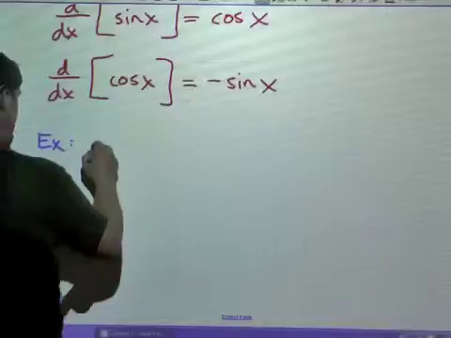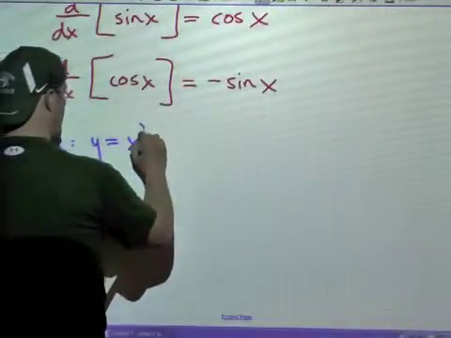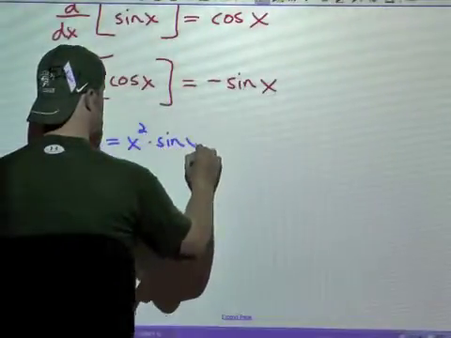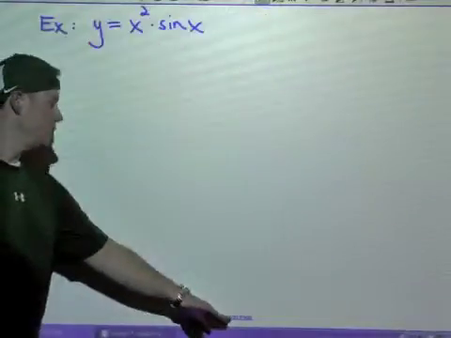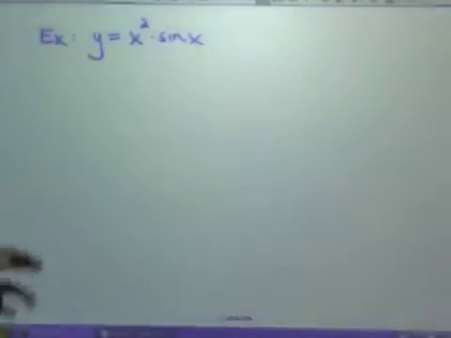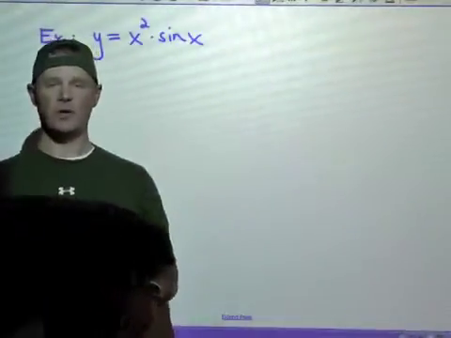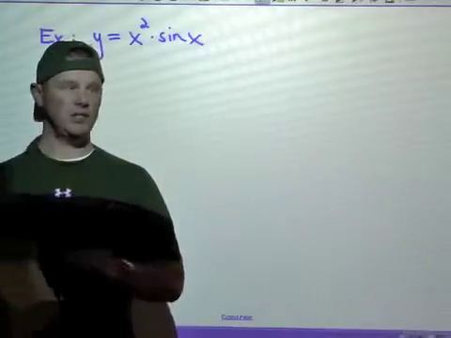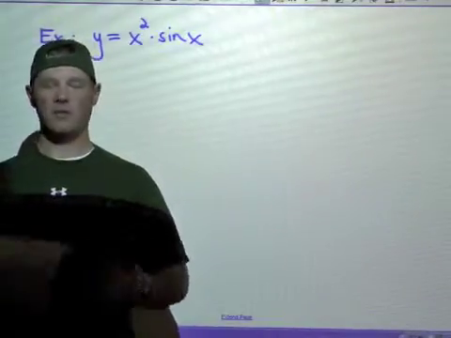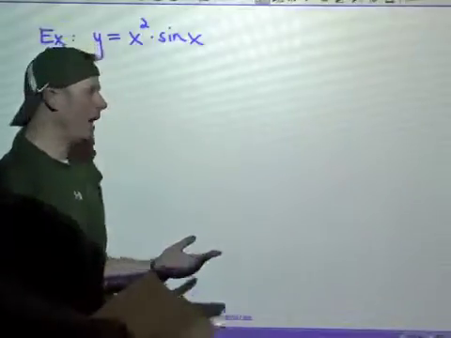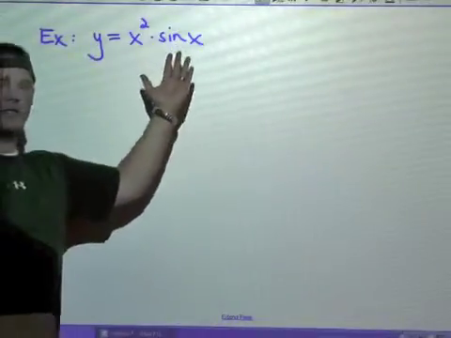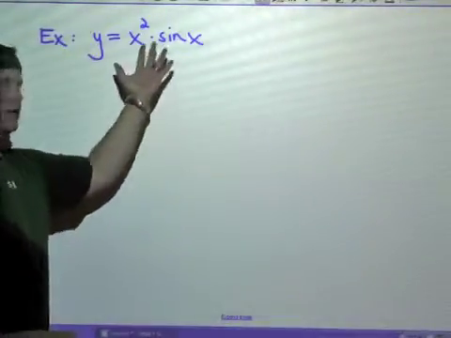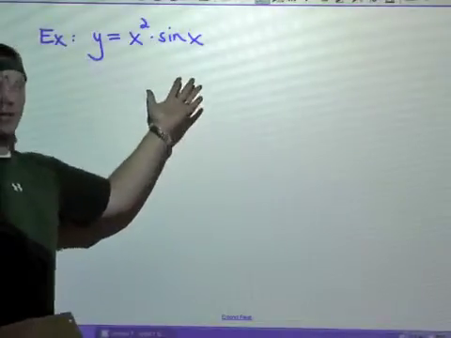Let's say we're given the function x squared times sine x. Unlike some of those other product rule problems we did before, where you actually had the choice of multiplying it out first before you did the derivative, you really don't have an option here. There's nothing you could do to simplify this in any way. So the only way to differentiate is to use the product rule.